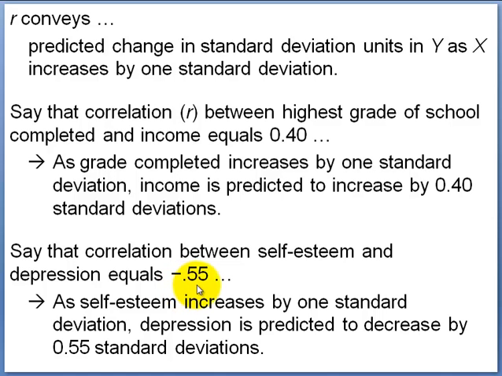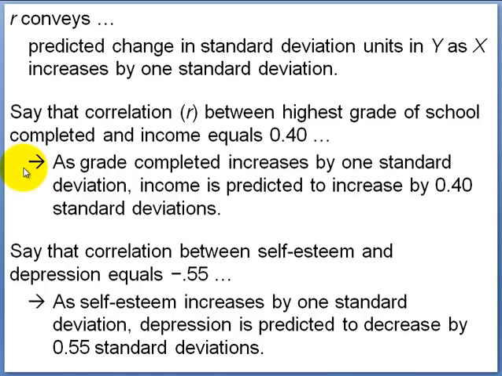We could also say that as depression increases by 1 standard deviation, self-esteem is predicted to decrease by 0.55 standard deviations. So I reversed the description of the variables there. So correlation is bidirectional in that sense.